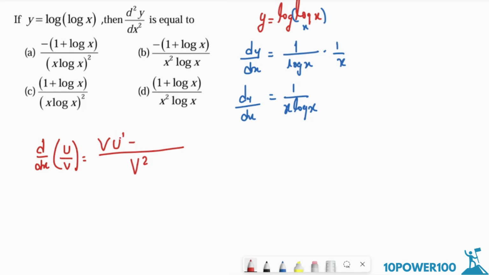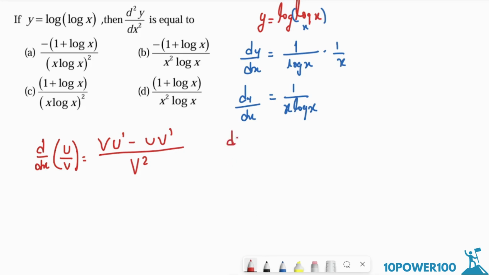So we write v u dash, now it is minus u v dash, so that you will not go wrong in this quotient formula. Otherwise you may mess up writing u v dash in the beginning, or miss the plus and minus. That's the reason. So now let's differentiate once more.